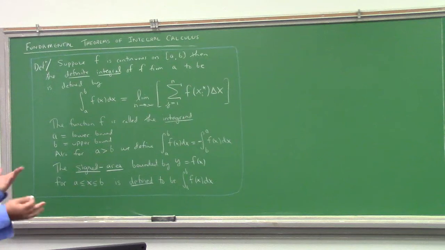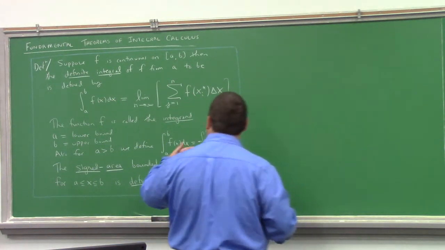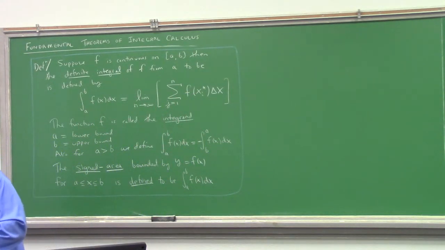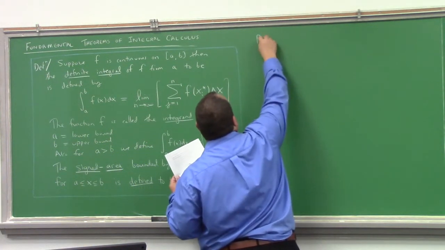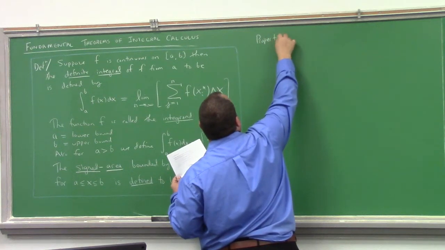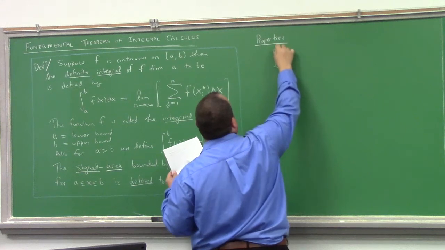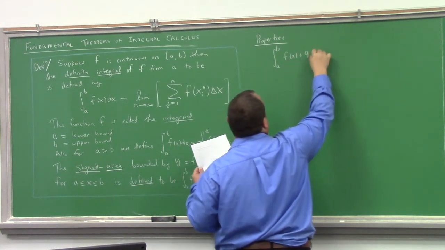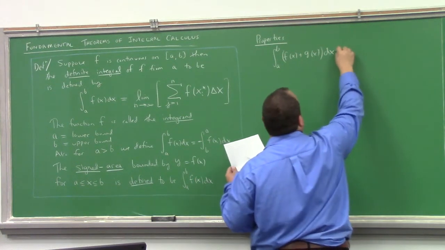So let me state the fundamental theorems of calculus for you. But first things first, I need to tell you the properties of definite integration. I'm not going to prove all these because we just don't have time, and also I don't think the proofs are terribly helpful for your understanding of things in here.